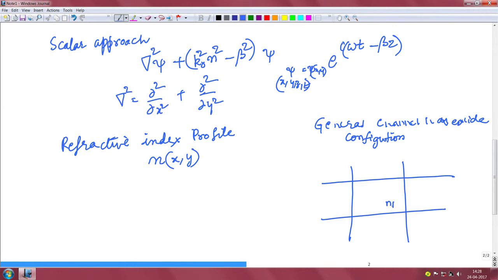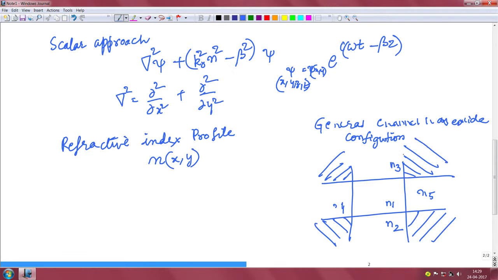The refractive index is N1 in this region, N2 in the substrate region, N3 in the cover region, N4 and N5 on the sides. You can also consider the refractive index in these corner regions, but to an approximation we can ignore the fields in the corner regions.